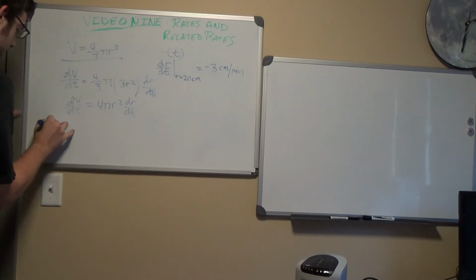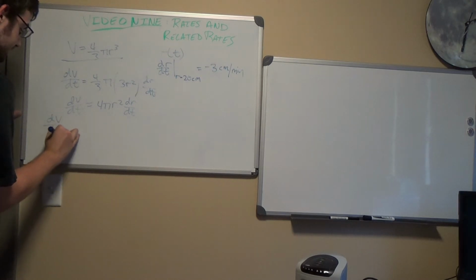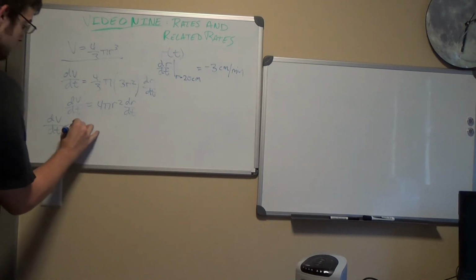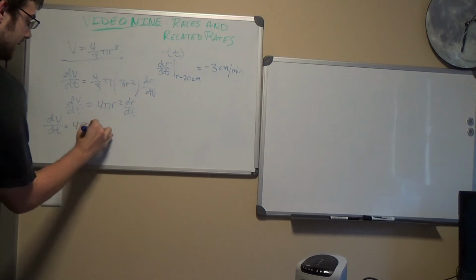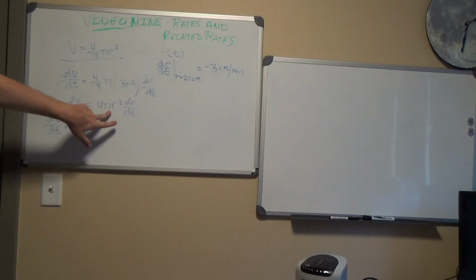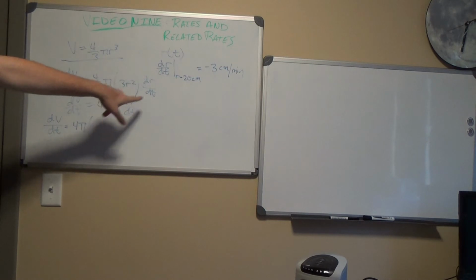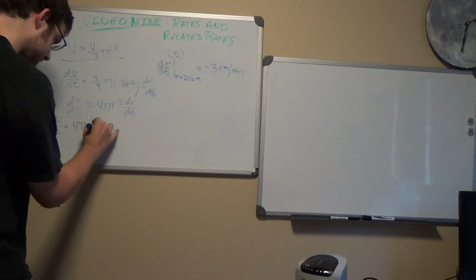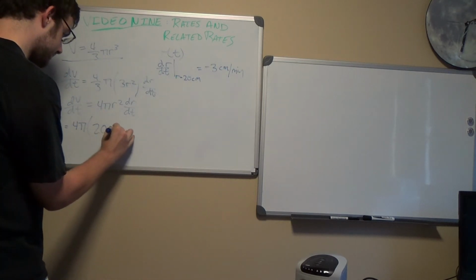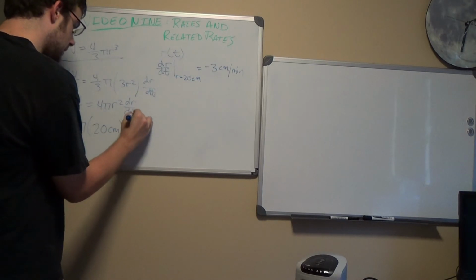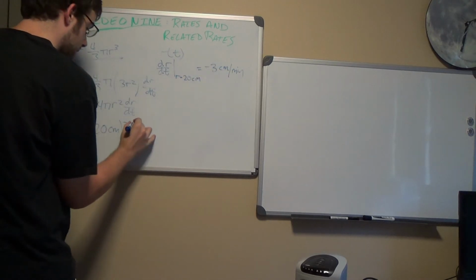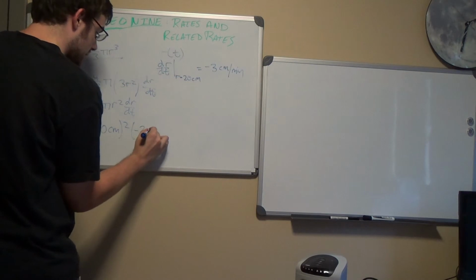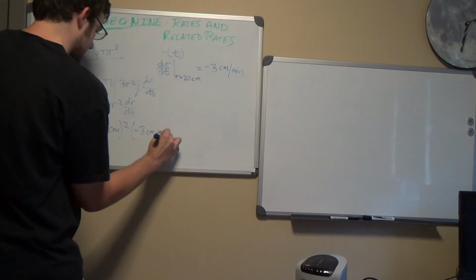So dV/dt is equal to 4 pi times the radius squared times the rate of change, -3 centimeters per minute.